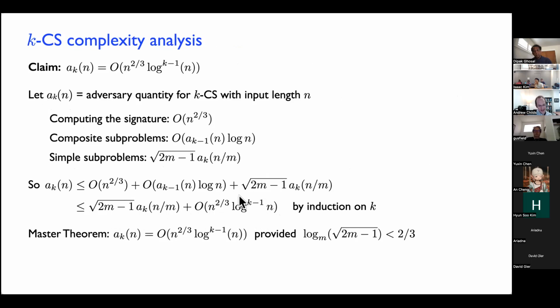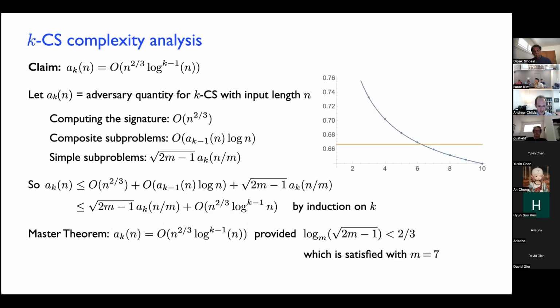We would like this term to dominate, so we only get the n to the 2/3. If you look at the solution of such a recurrence, this term will dominate as long as this coefficient is small enough. And this is where the 7 comes from: you can show that this coefficient is small enough once you're dividing into 7 subproblems. So that was a little bit of a surprise and kind of fun.